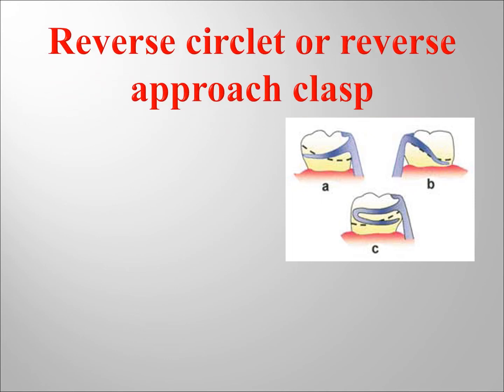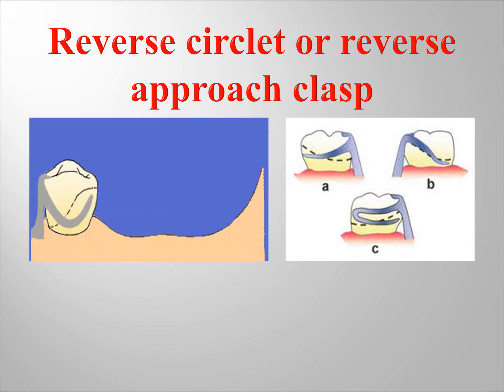Reverse circlet, this is used when you have the undercut closer to the edentulous space. Then you go to the other side of the tooth from the edentulous saddle, meaning here for example mesially, not distally, and it goes from the mesial to the distal, and the retentive tip engages the distal undercut.